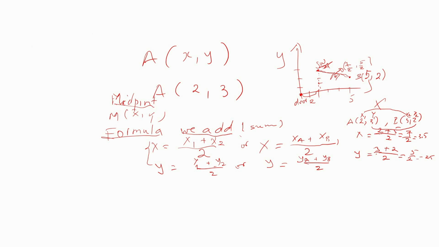I add 3 plus 2, I get what? 5 over 2. This is 2.5. It means the midpoint of ours here, this M, is located at 7 over 2 and 5 over 2 coordinates. This is how we find the midpoint of 2 points.